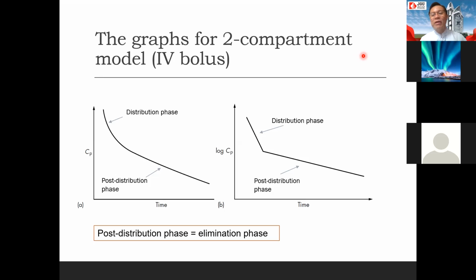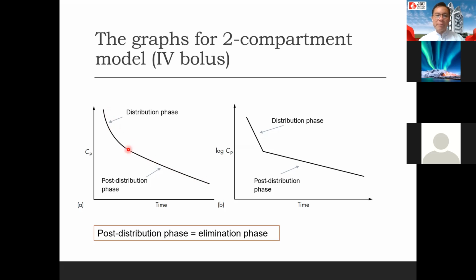So most drugs follow two compartments, but it is more difficult to calculate. So for TDM we use one compartment a lot instead of two compartment. So this is the graph for the two compartment model.